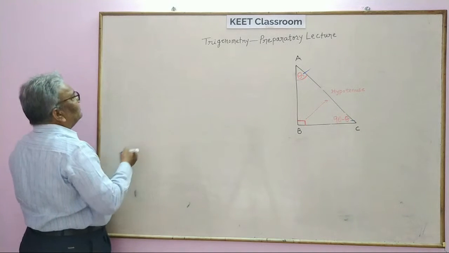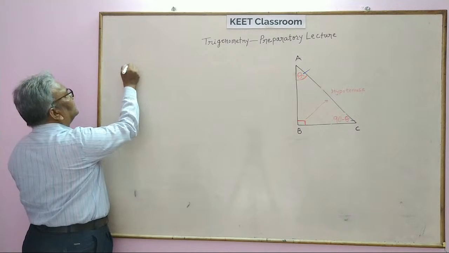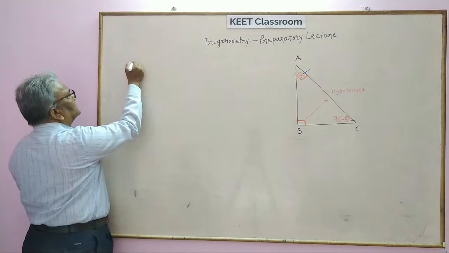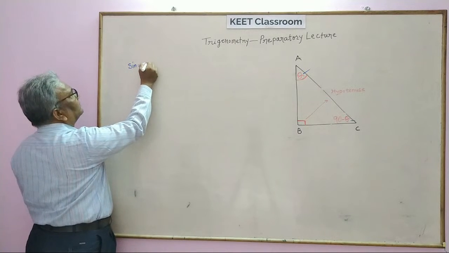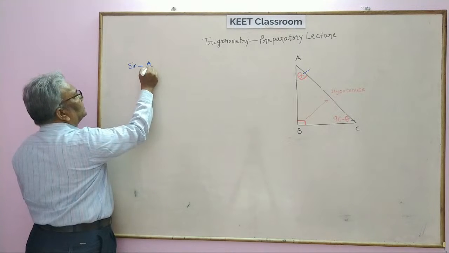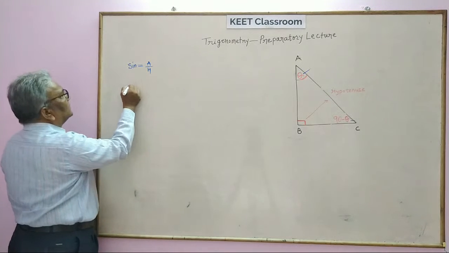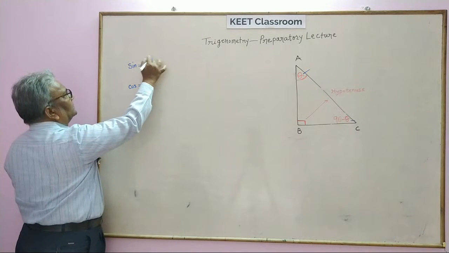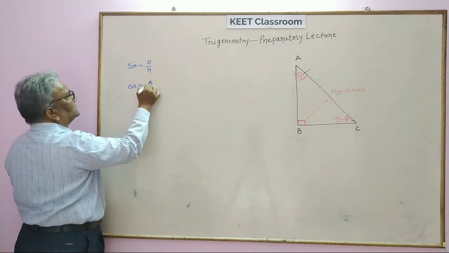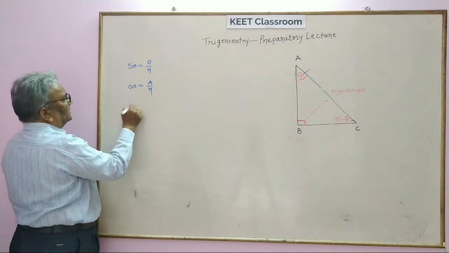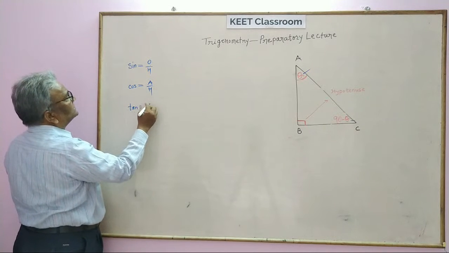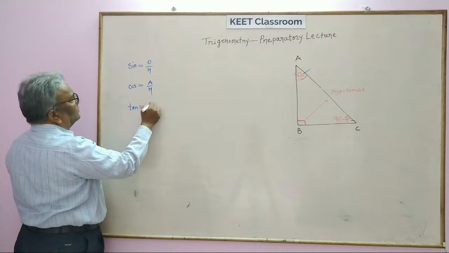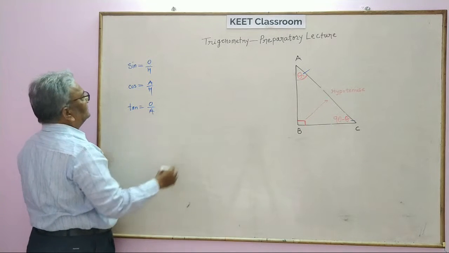So now we have 6 ratios right here. Sine ratio, which is nothing but opposite upon hypotenuse. Cos ratio, this is adjacent upon hypotenuse, and this is your tan ratio, which is opposite upon adjacent.